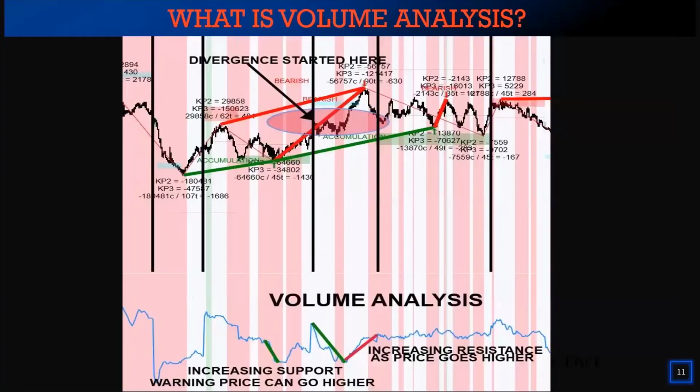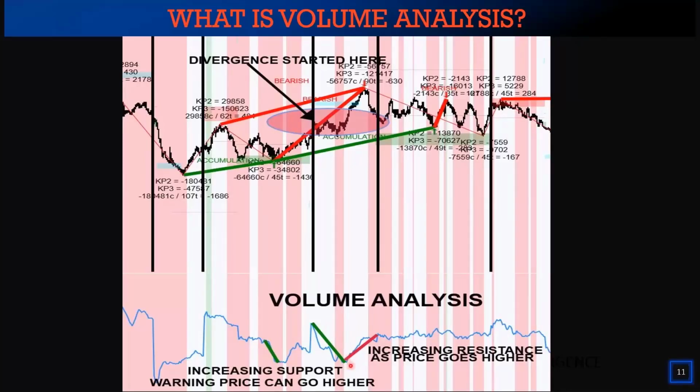The divergence indicator also allows us to analyze the volume. The main way we analyze this volume is with the indicator seen at the bottom of the chart. This indicator is basically giving me a ratio where it's highlighted in green, right here and right here. That is increasing support.